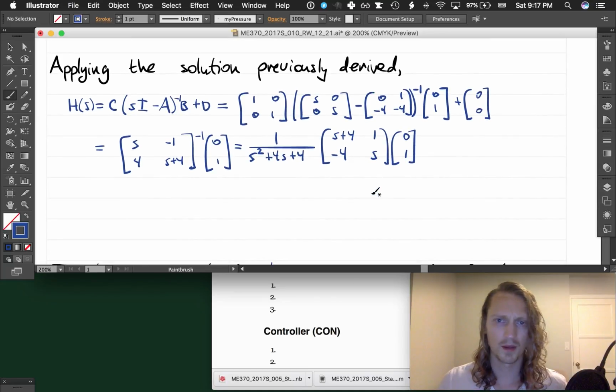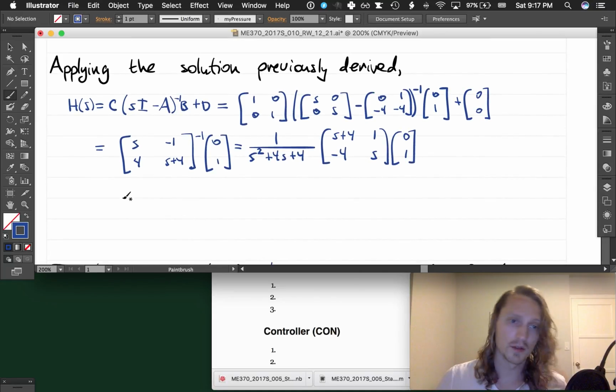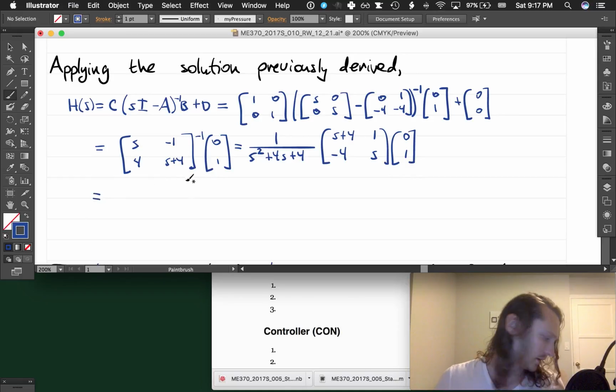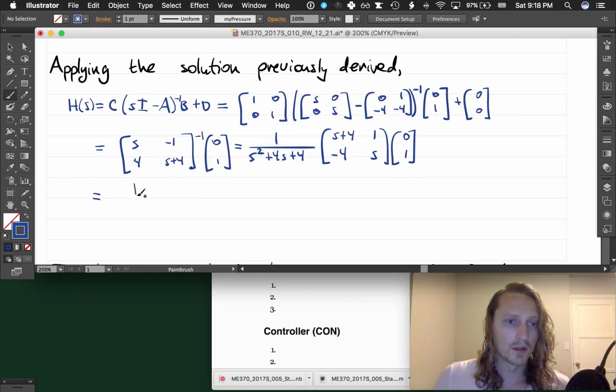Okay, and let's write that on the next line. 1 over. You may have noticed that we could factor this expression in the denominator. This is just s plus 2 squared.